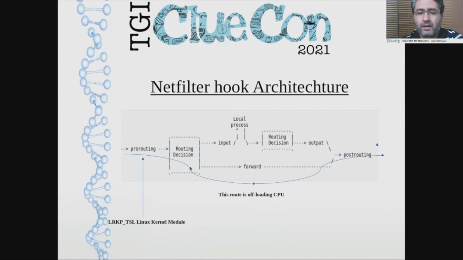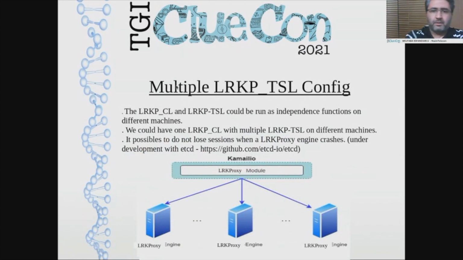Okay, this route is offloading CPU because we no longer use much CPU for forwarding. Multiple LRK proxy second layer configuration: the LRK proxy first layer and second layer could be run as independent functions on different machines. We could have one LRK proxy module and multiple LRK proxy engines on different machines.